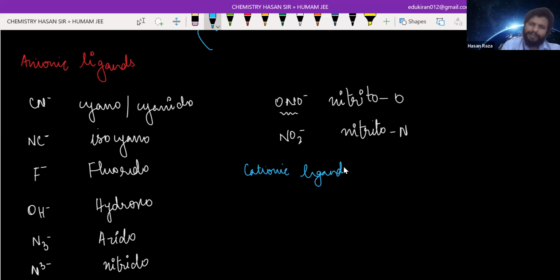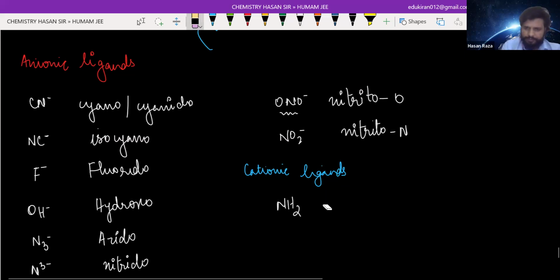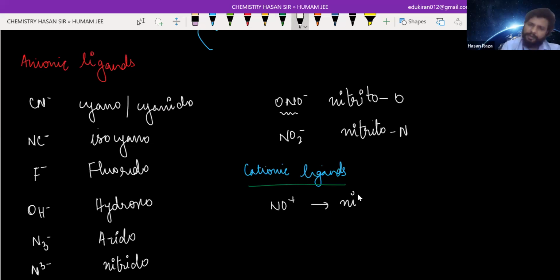Cationic ligands are very rare to use. Now you can see NO plus, nitrosonium. NO2 plus, nitronium.